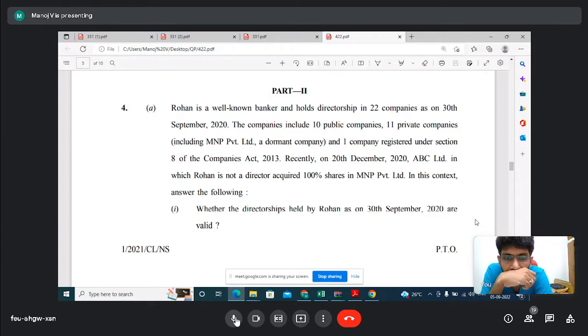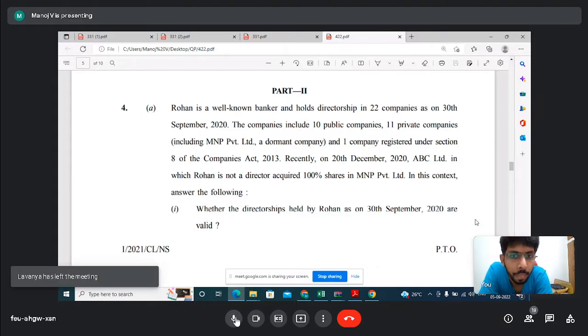Look, they are clearly saying recently on 20th December 2020, ABC Limited, in which Rohan is not a director, acquired 100% shares in MNP. He doesn't come into it at all. Does not matter. So he is not a director in that company. That company is holding shares in MNP.